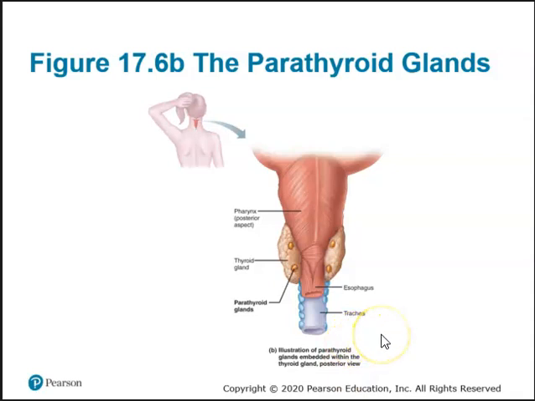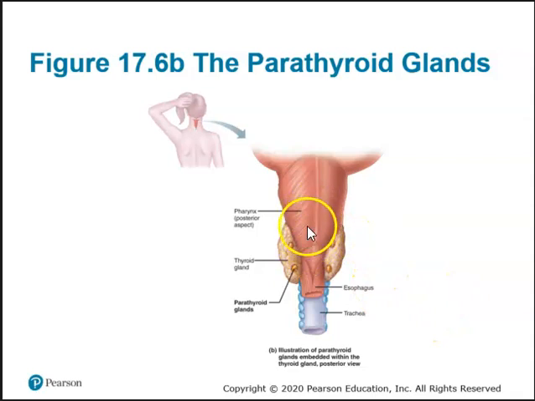So here we see the posterior surface of the thyroid, and we can see these four small little bean-like structures. These are the parathyroid glands. Again, important because they secrete parathyroid hormone, which monitors calcium levels within the body. So again, the parathyroid glands are within the thyroid, and the thyroid is on either side of the pharynx and esophagus.